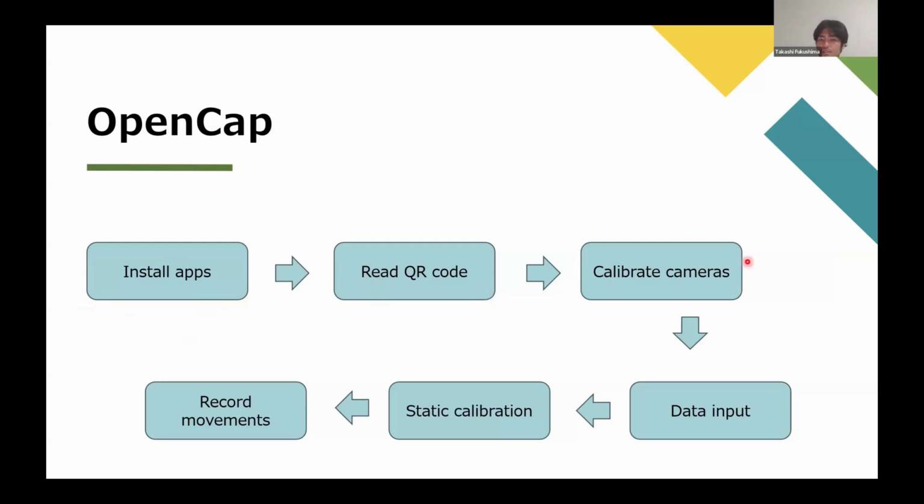Then you have to do the camera calibration, which is very straightforward and easy, and you have to input some data for yourself, such as the data of the athlete or sports player whose motions you want to capture. Then you do the static calibration, and you start to record movements.